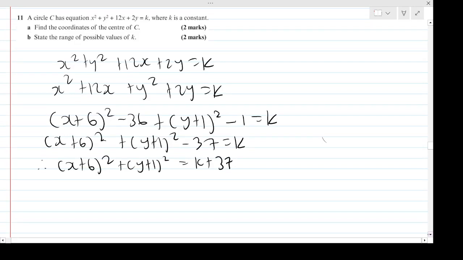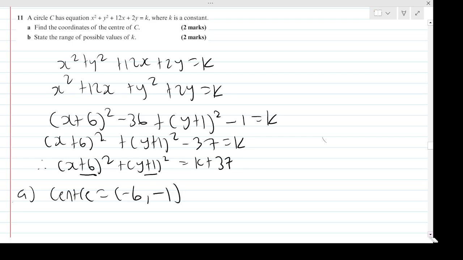So for part A, the centre: if it's plus 6 for x, it's going to be minus 6 at the centre. Then y is plus 1, so it's going to be minus 1 there. Okay, there we are. So that's the coordinates of the centre.